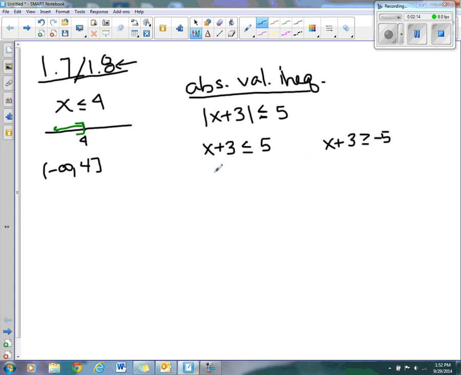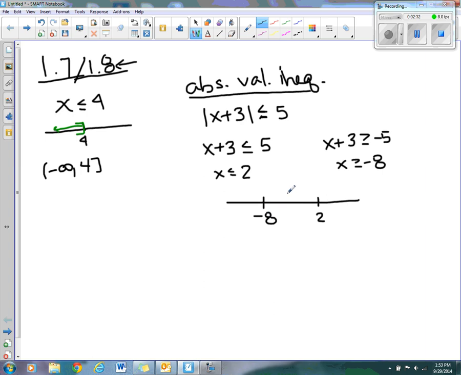These are the two inequalities that we're going to set up to solve for x. One step on each of those, we get our x all by itself. Now 2 is over here, negative 8 is over here.